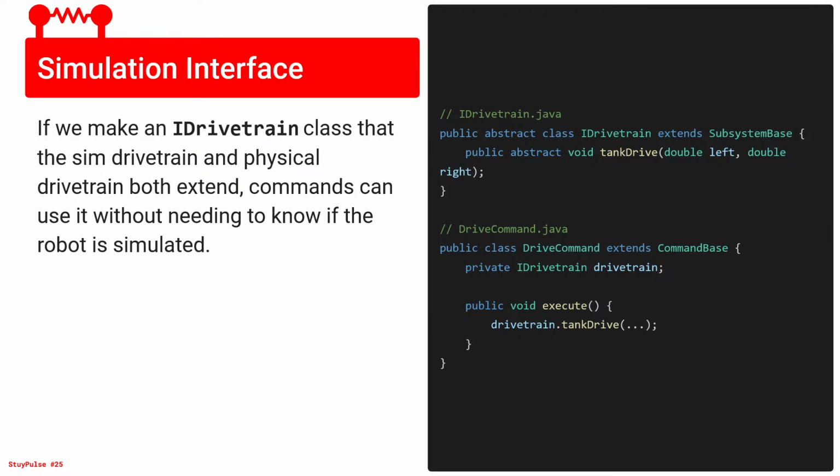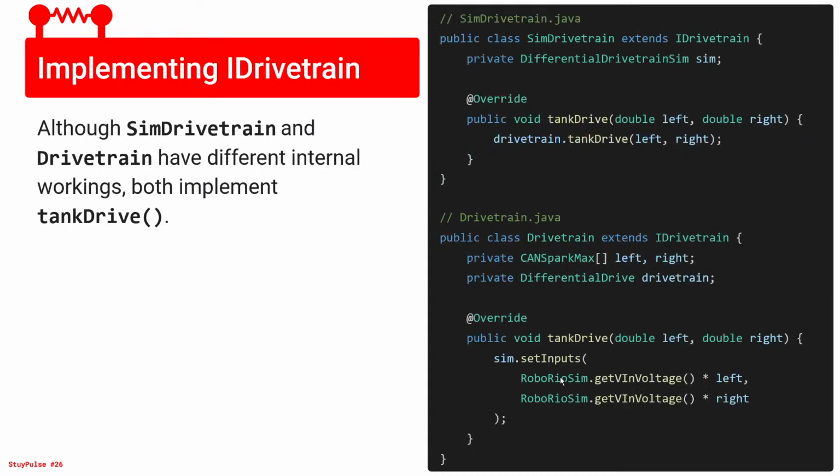So as long as both have that method, then we can use them in commands without caring if it's simulated or not. You can see in our drive command down here, we have a drivetrain and we're also using tank drive on it. And this is the difference between the sim drivetrain and drivetrain, where they both extend IDrivetrain and they both implement tank drive, but they work differently internally.